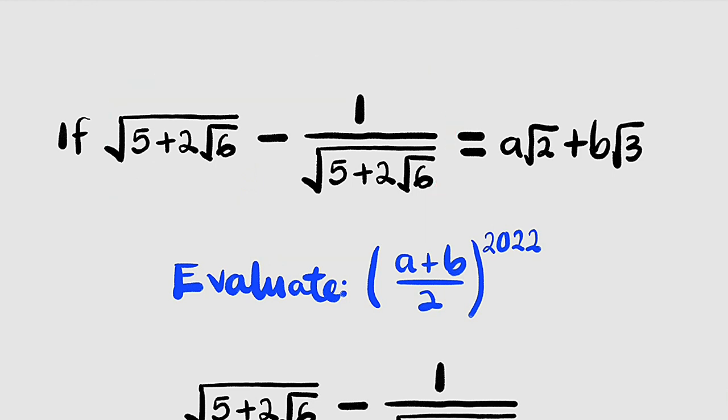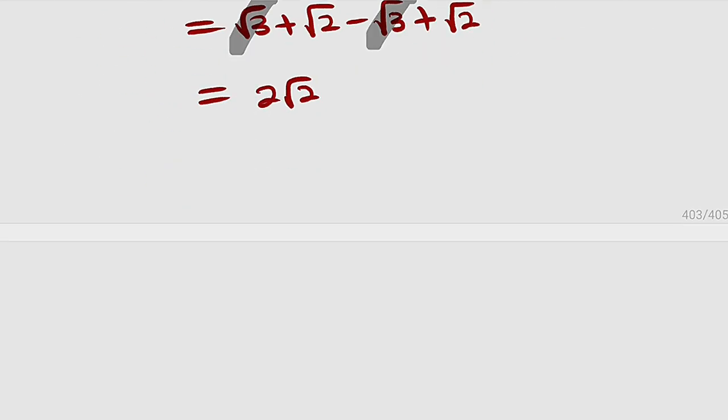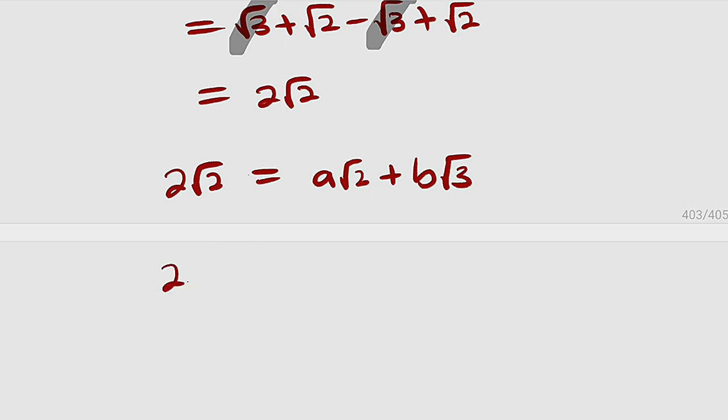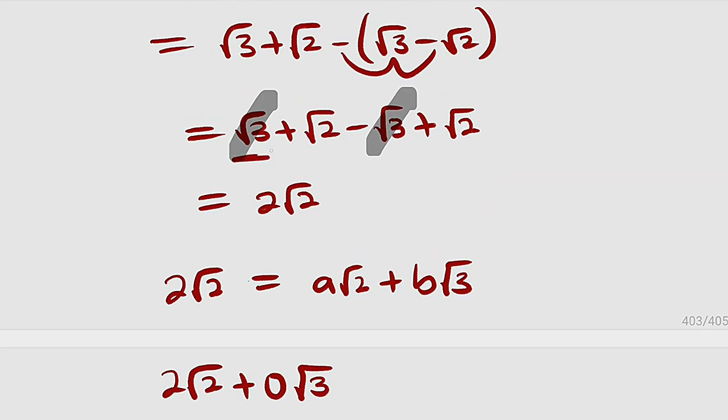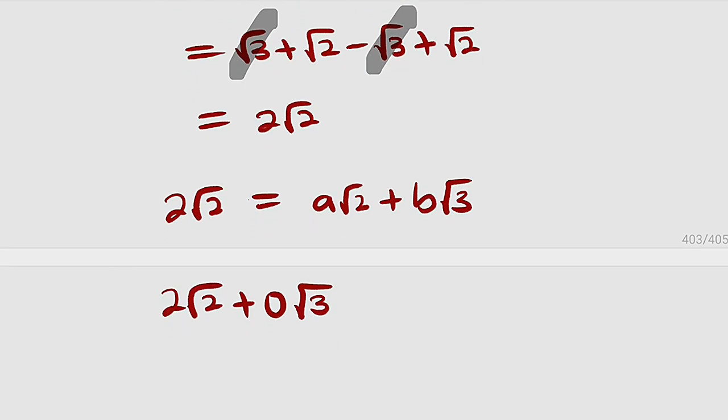So we are going to relate it to what we have on the right-hand side, which is a√2 + b√3. This means that 2√2 is equal to a√2 + b√3. But you see, on the left-hand side, we don't have √3, which implies that b is equal to 0. So we can write it as 2√2 + 0√3, because remember, from here, √3 − √3 is 0√3, which is the same thing as 0.